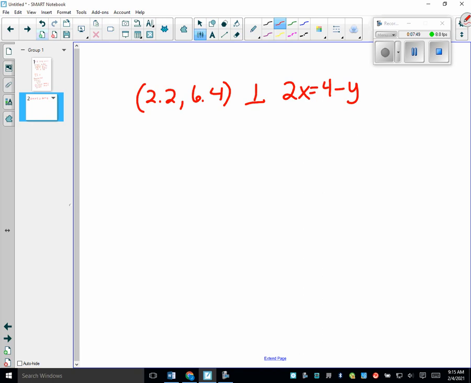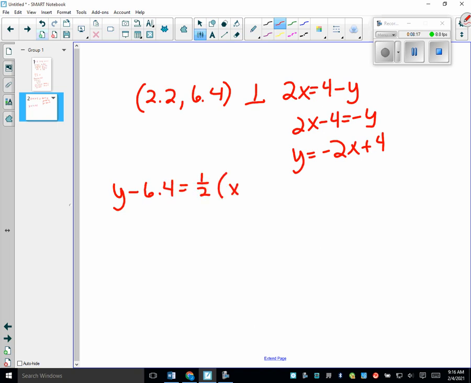Solve for y so I can find the slope. So 2x minus 4 equals negative y. Is y equal to negative 2x plus 4? What is the slope of my new line? 1/2. Positive? Yes.